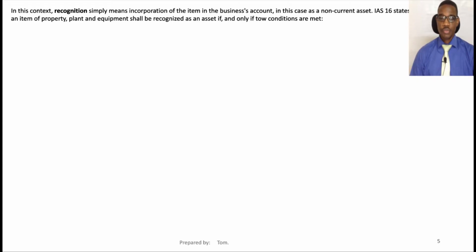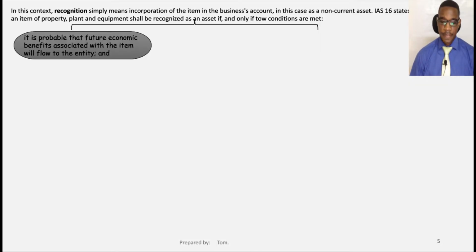This amount should be written down in the business account as the cost of that item. IAS 16 states that the cost of an item of property, plant, and equipment shall be recognized as an asset if and only if two conditions are met.